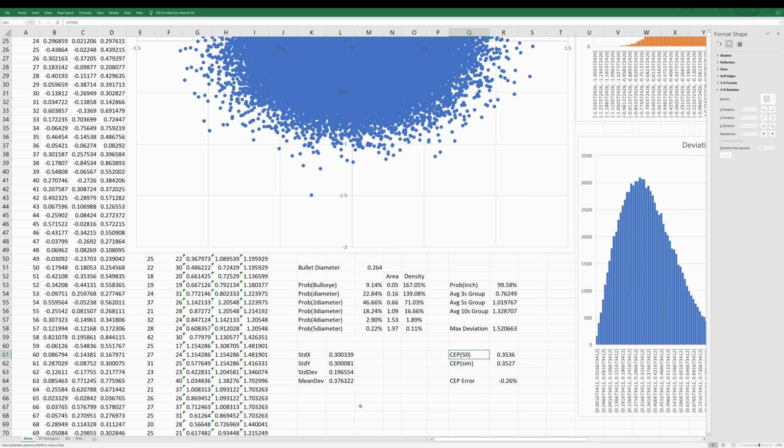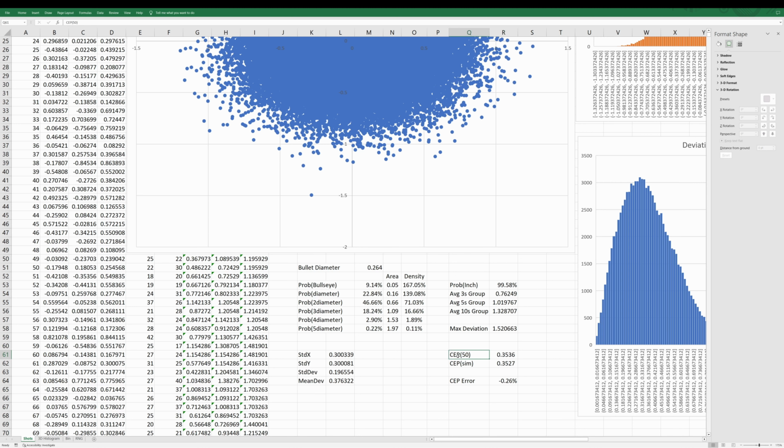Also, circular error probable is a number that you might come across in ballistics. So there's a formula for that I've got plugged in. If your x and y variables both use the same standard deviation, and mine are both 0.3, this equation tells you the distance around center that will catch 50% of the outcomes.